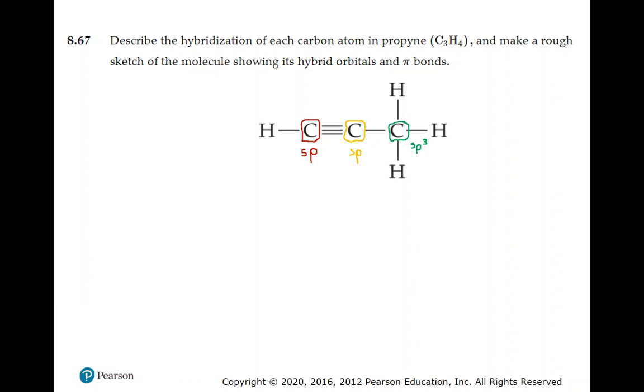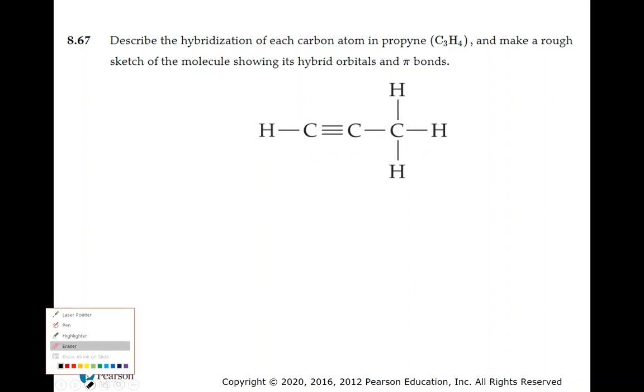Let me go ahead and erase everything, and we'll go into these bonds and show how many sigma and pi bonds there are. Remember, the easiest way to deal with this is just to count the number of bonds for the number of sigma bonds, because each bond will have exactly one sigma bond.